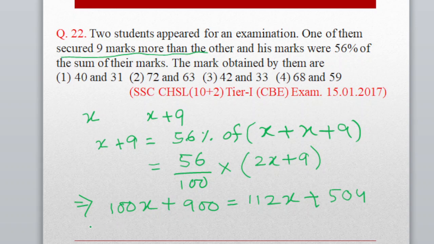Now this implies 112x minus 100x is equal to 900 minus 504.